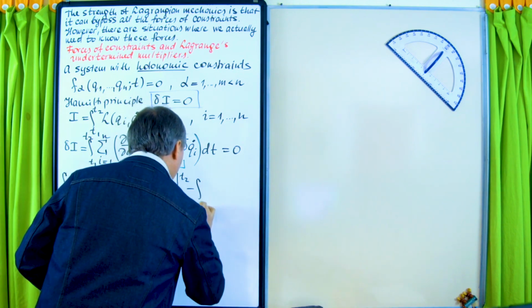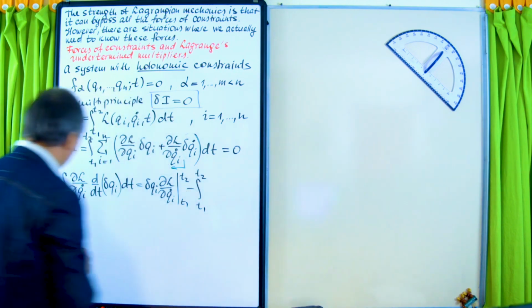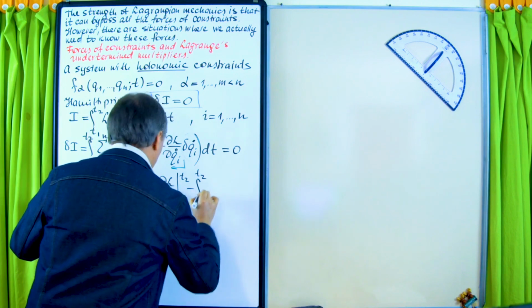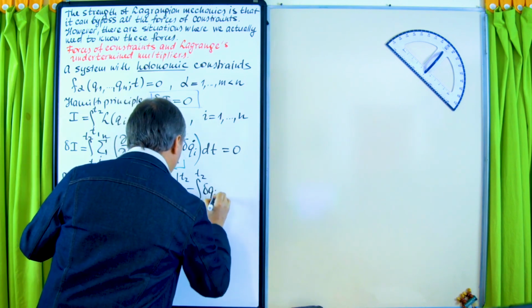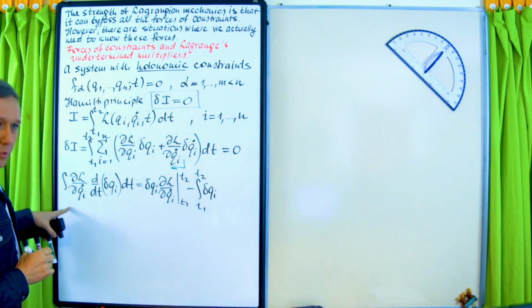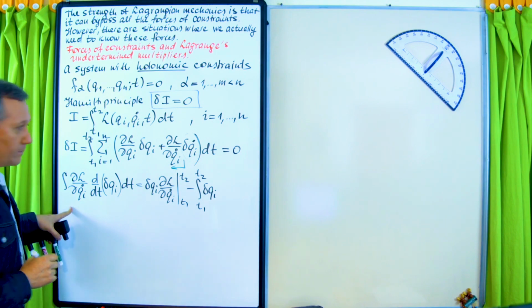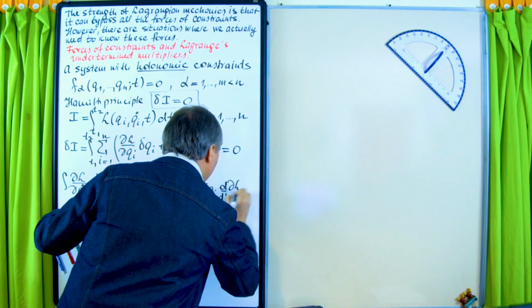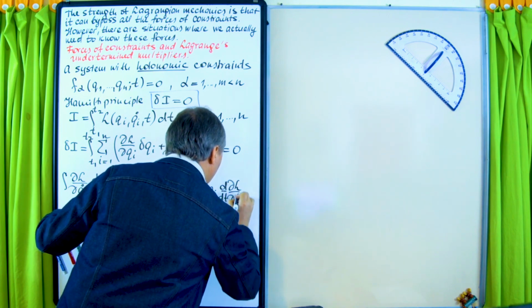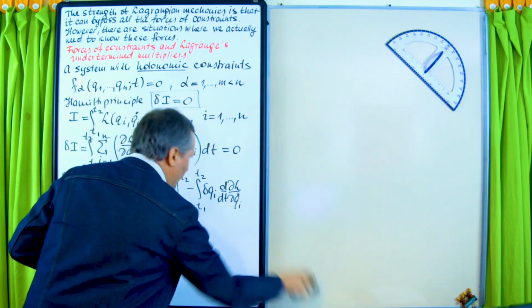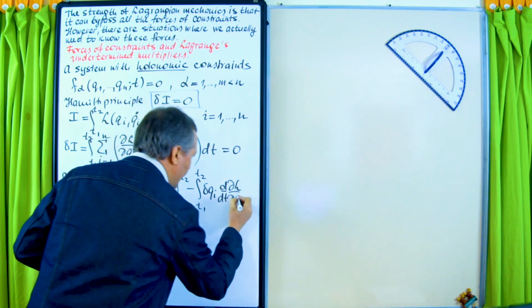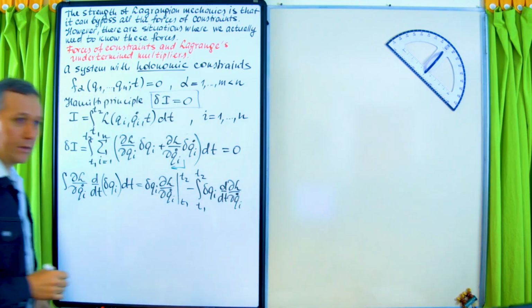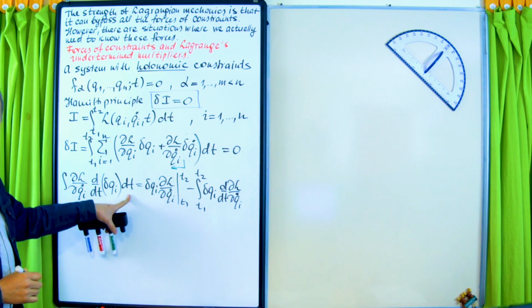So it will be the same integral from t1 to t2, but now I will have delta q_i times the total time derivative of this function, d over dt of the partial derivative of L with respect to q dot_i, and dt.